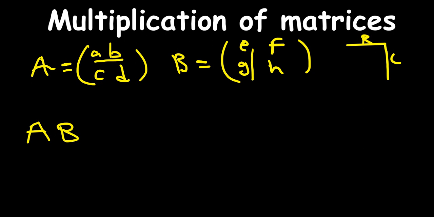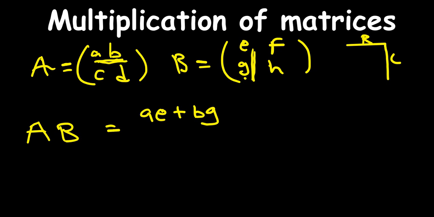I'm going to get the first row here and multiply it by the first column. You get the first entry in this row and multiply it with the first entry in this column, so it will be A multiplied by E, plus B multiplied by G. So we've multiplied the first row with the first column.